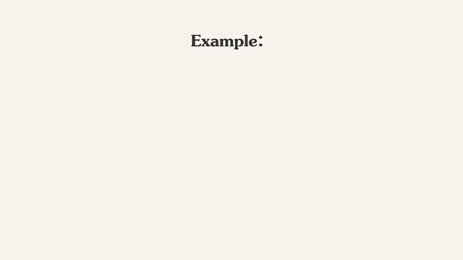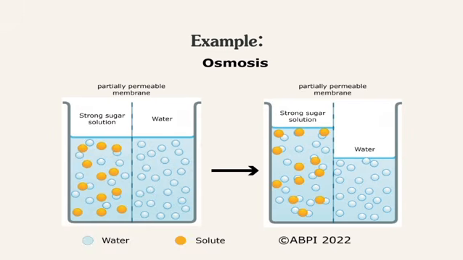Now let's move on to an example of osmosis. As you can see, there is a semi-permeable membrane, and on one side there is a strong sugar solution and on the other side it's water. The strong sugar solution has less water potential and more sugar particles, meaning more solute.